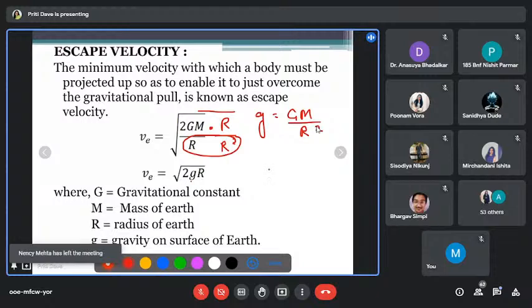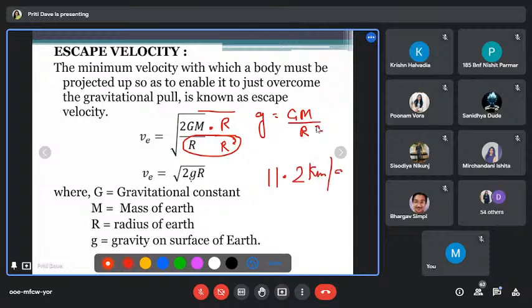Please remember this, because it is asked very often. It is 11.2 kilometers per second. That means every second we have to cover 11.2 kilometers if we want to escape the earth's gravity, or gravitational pull, or Earth's gravitational force.